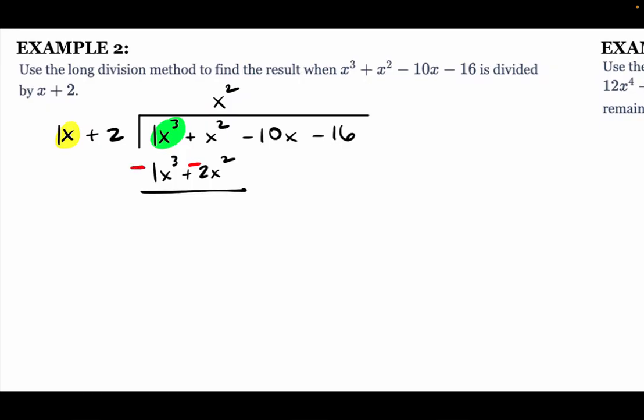Since they're both positive, now they both become negative. 1x squared minus, 1x cubed minus 1x cubed makes 0. 1x squared minus 2x squared makes a negative 1x squared, or a negative x squared. Bring everything down I haven't used.